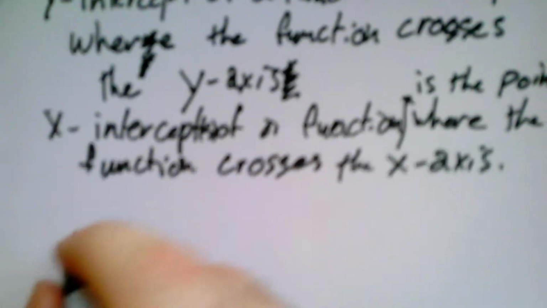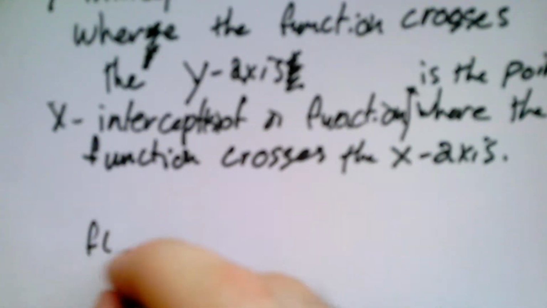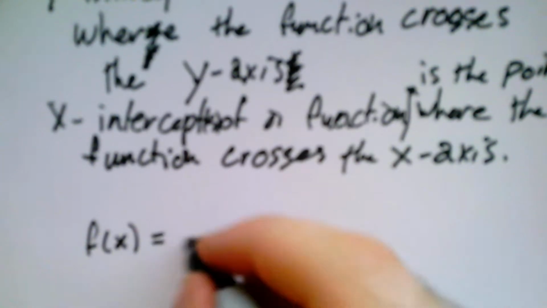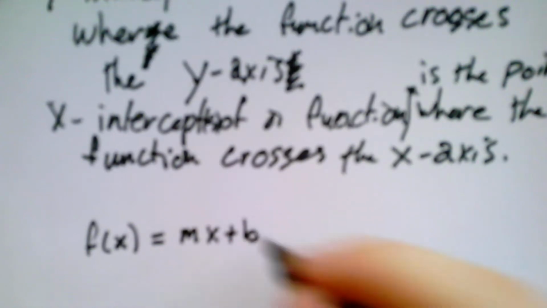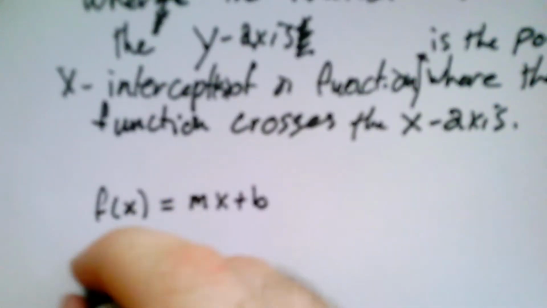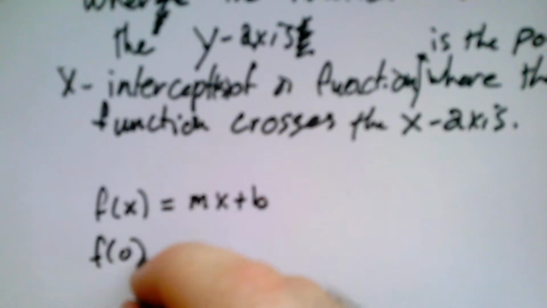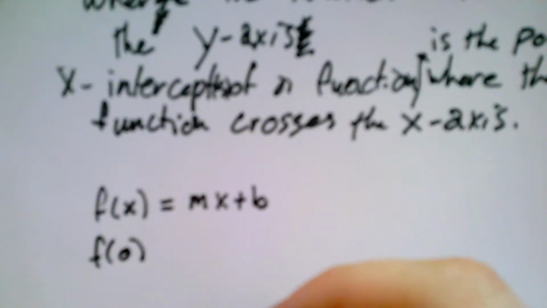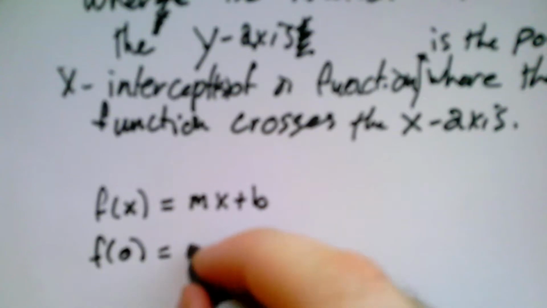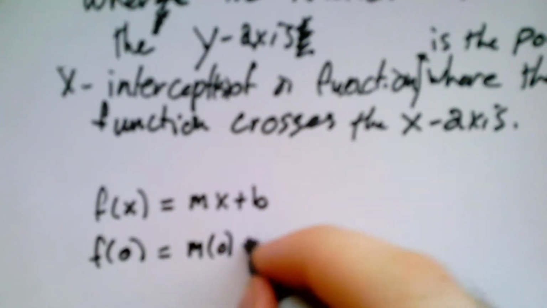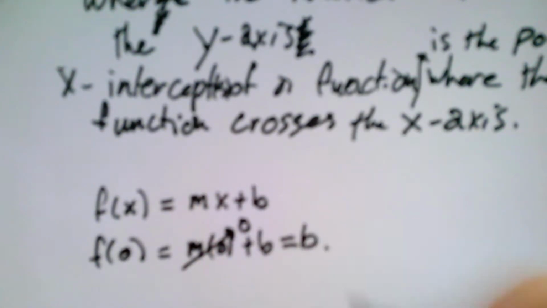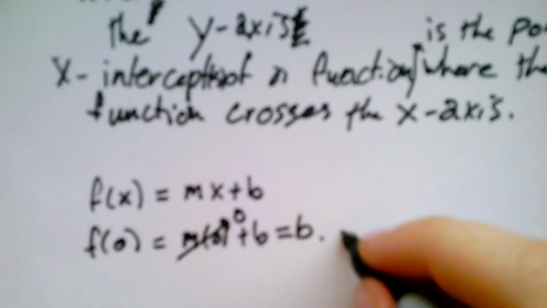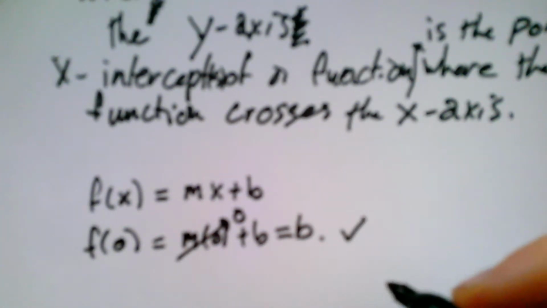So we take our generic linear function f of x equals mx plus b, and we want to plug in 0. If f of 0 equals b, then our y-intercept is b. Let's check that. m times 0 plus b is in fact equal to b, because 0 plus b is b. So this checks out. We just proved that b is in fact the y-intercept of our linear function.